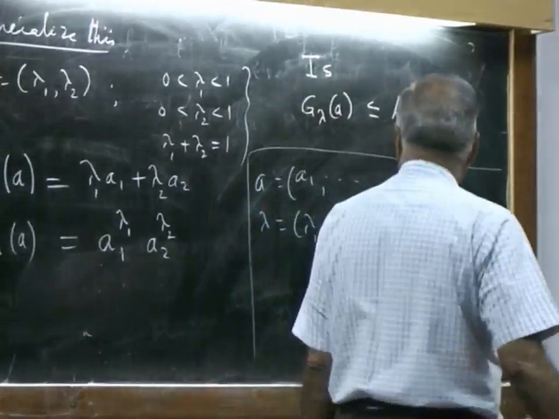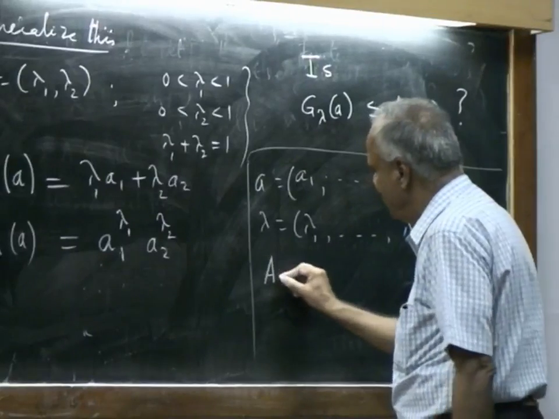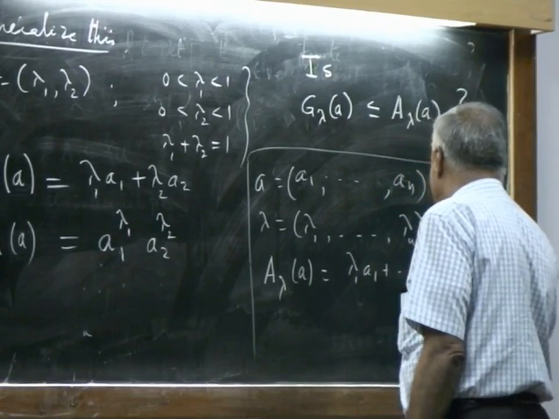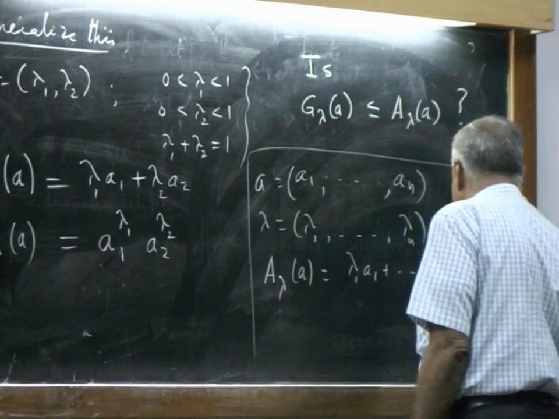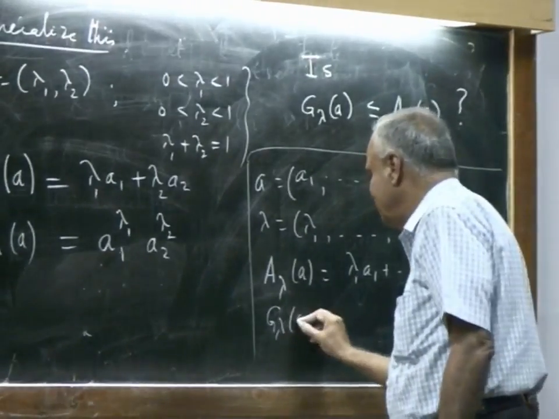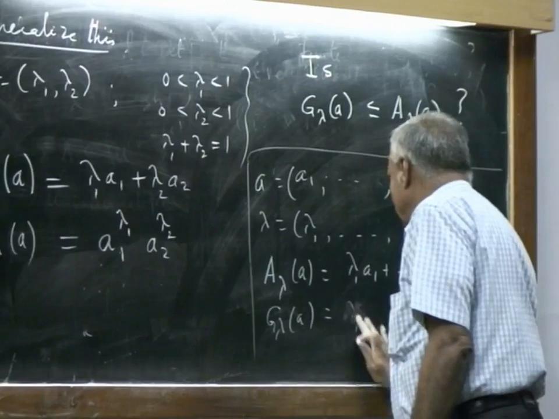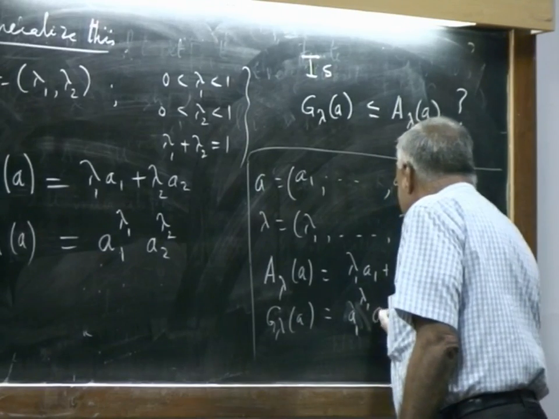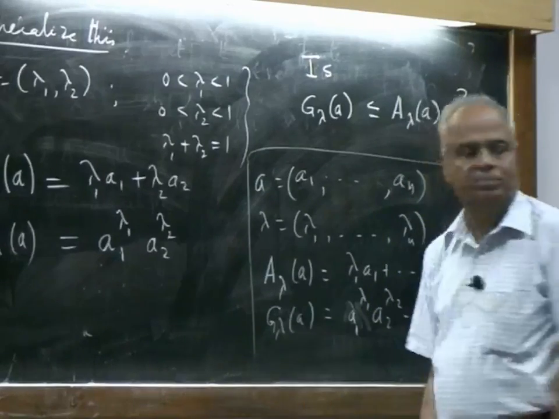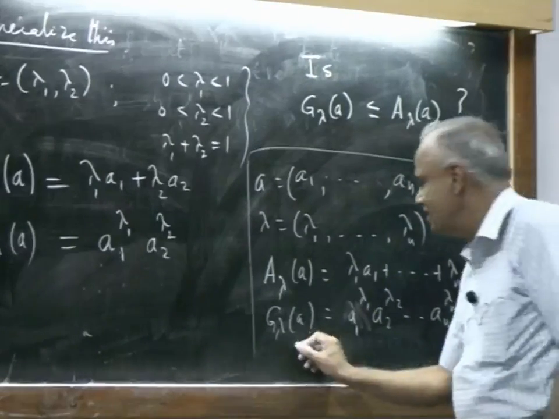Okay. So then how would I define the weighted version? Lambda 1 a1 plus ... plus lambda n an, and the weighted geometric mean as a1 to the power of lambda 1, a2 to the power of lambda 2, ..., an to the power of lambda n. The question is still, is it true?